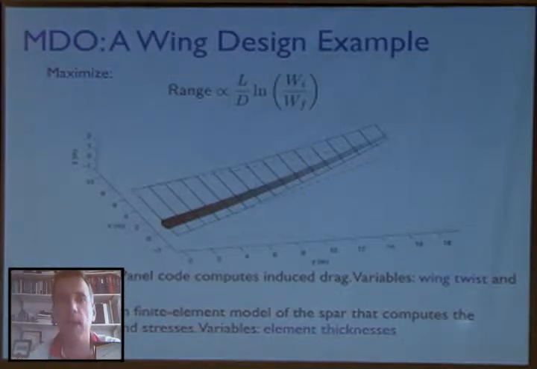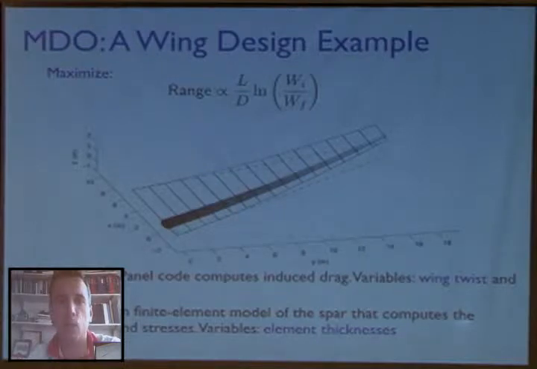What we want to maximize here is the range of the airplane for a fixed amount of fuel. You can see an equation there where lift and drag appear as well as weight.